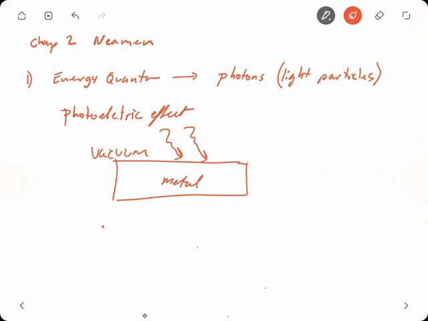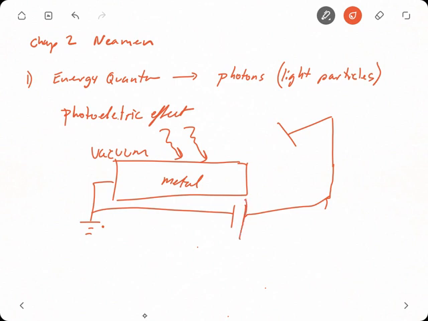And then if you put a remote electrode out here and ground this one and put a bias on this one, oops, battery not a capacitor, you'll collect a current, carried through the vacuum by the ejected electrons. But the thing is that the wavelength of the light matters, not the intensity of the light.